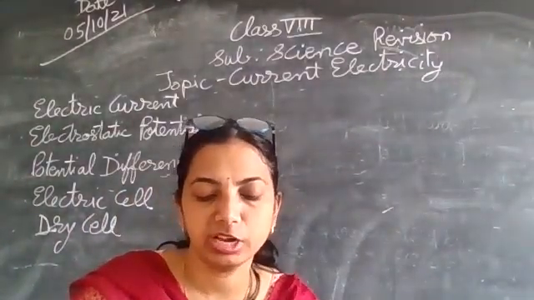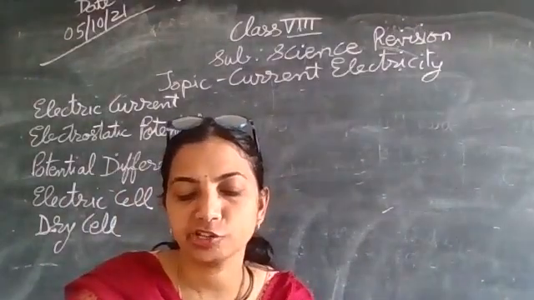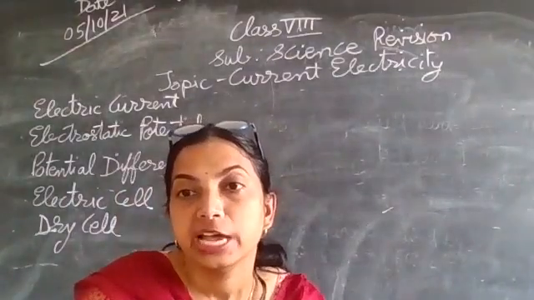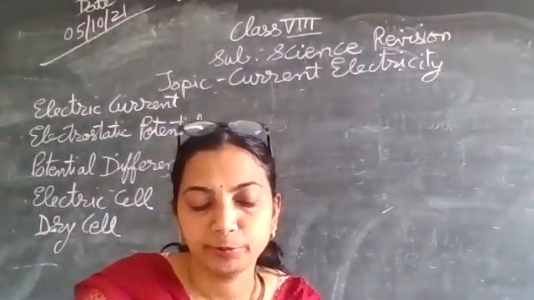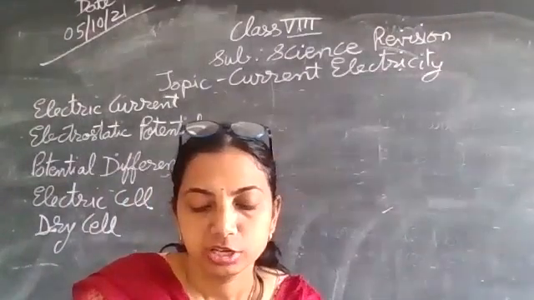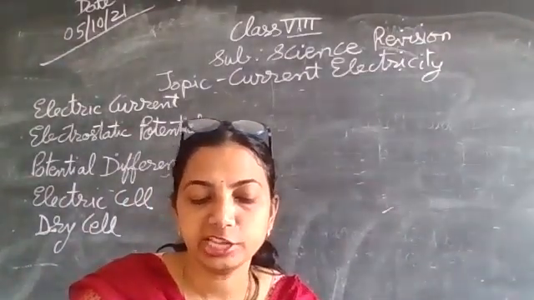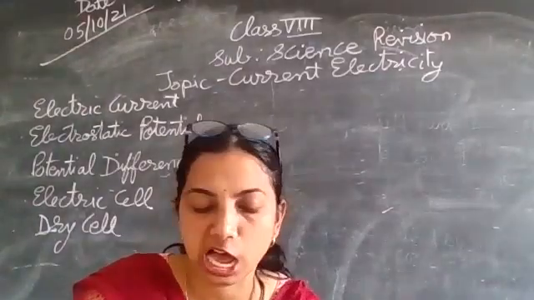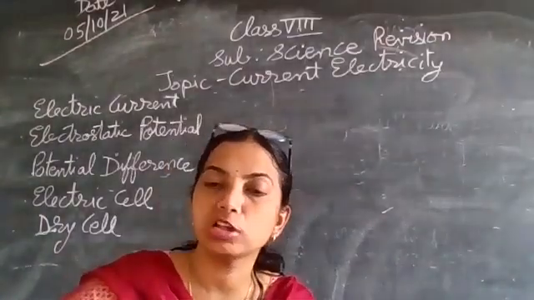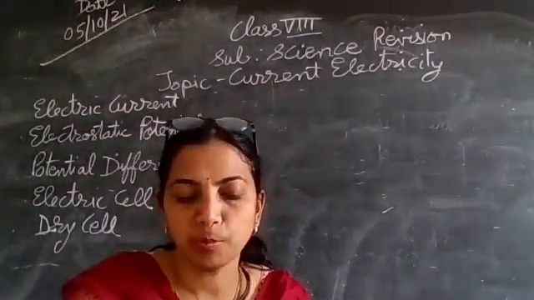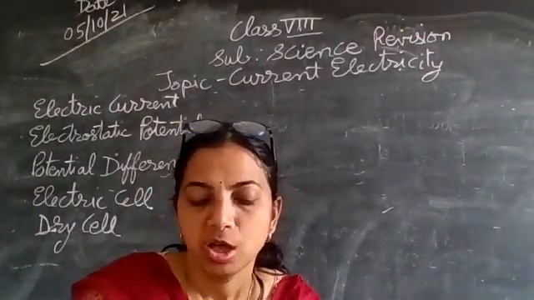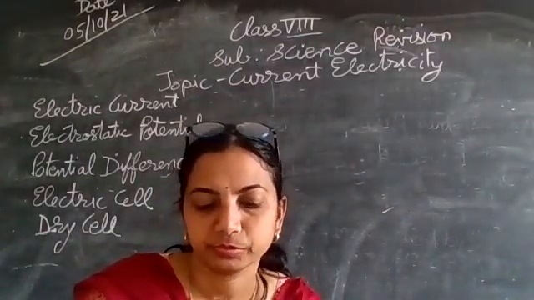This electric level deciding the direction of flow of electric charges is called electrical potential, electrostatic potential. So the tendency of a positive charge to flow from a point of higher electric level to a point of lower electric level. What is flowing? Positive charge.